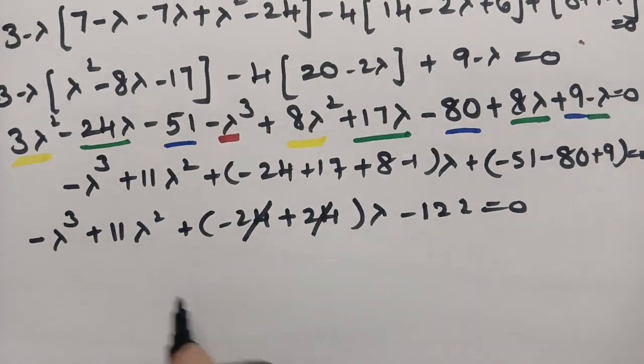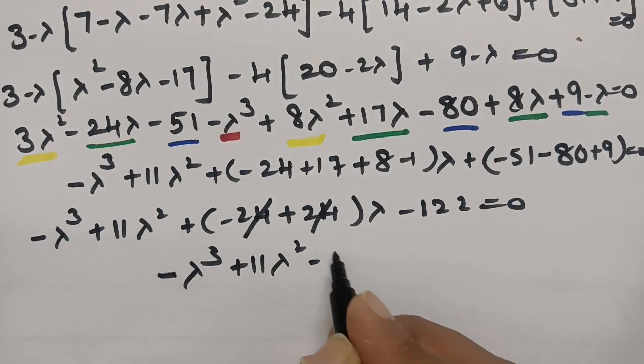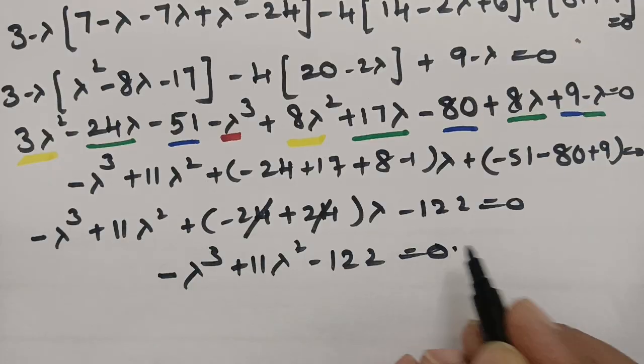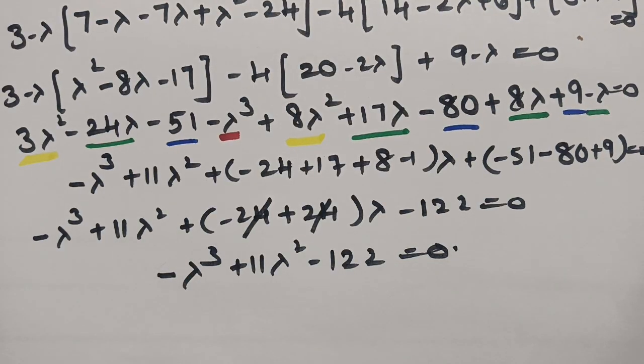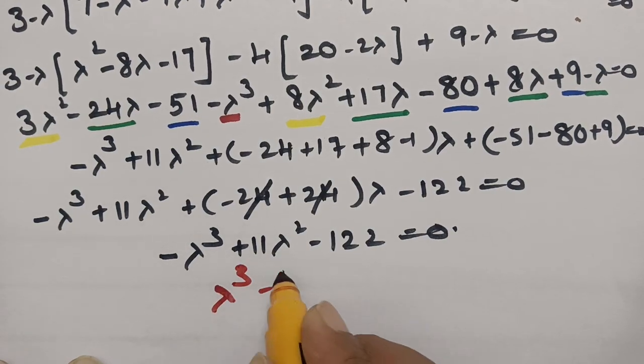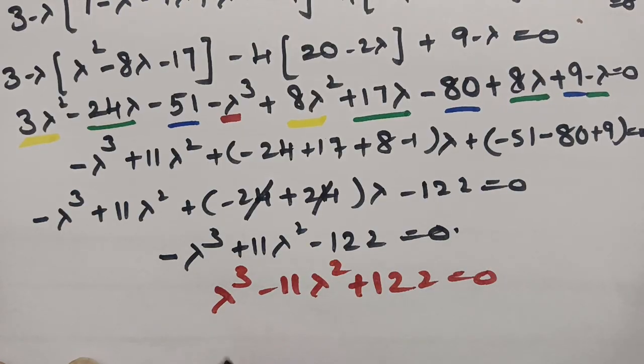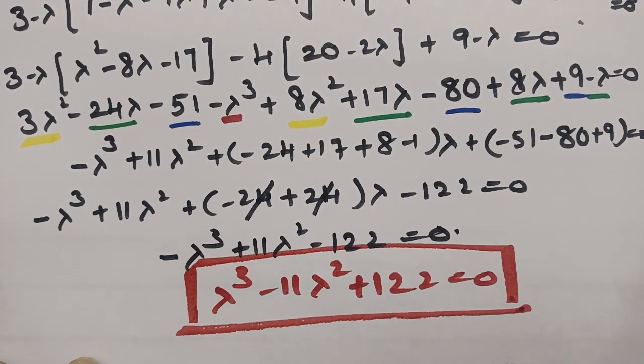So here, if I cancel this one, this is minus lambda cube plus 11 lambda square minus 122 is equal to 0. And if I multiply with minus, this is lambda cube minus 11 lambda square plus 122 is equal to 0. So this is our characteristic equation.